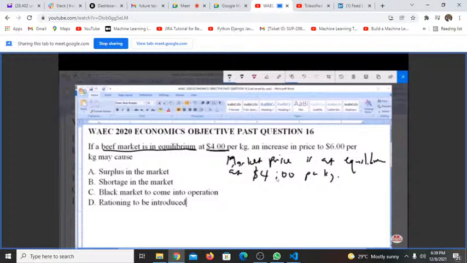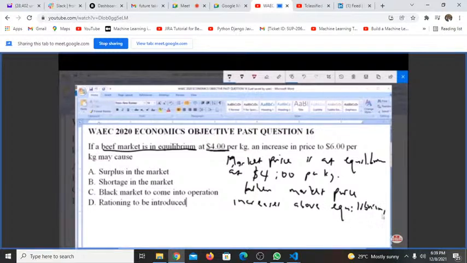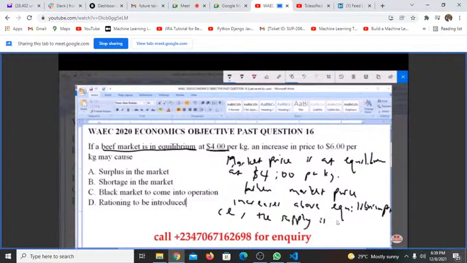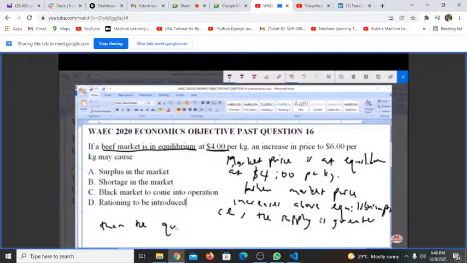Now, as it relates to market price and equilibrium, whenever market price increases above equilibrium price, the supply is greater than the quantity demanded.